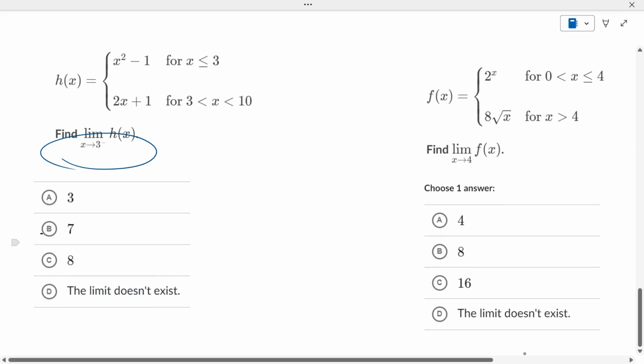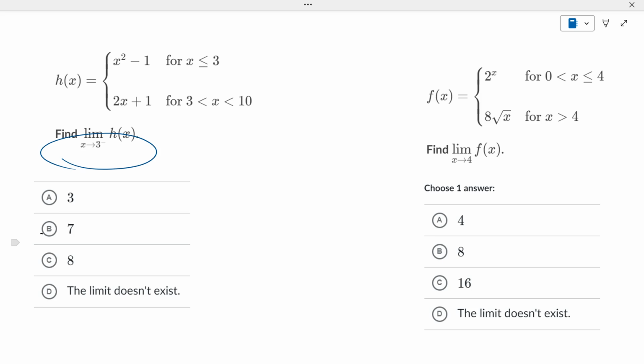Okay, this says, and I know it's hard to see, but this says you're going towards 3 from the left. Okay, 3 from the left. Which of these is 3 from the left? Top one or bottom one? 3 from the left.